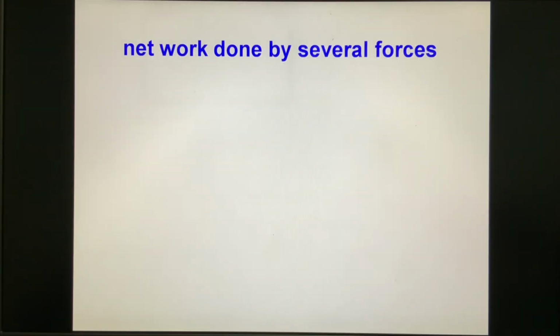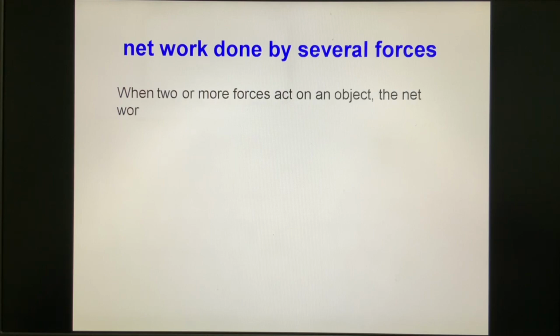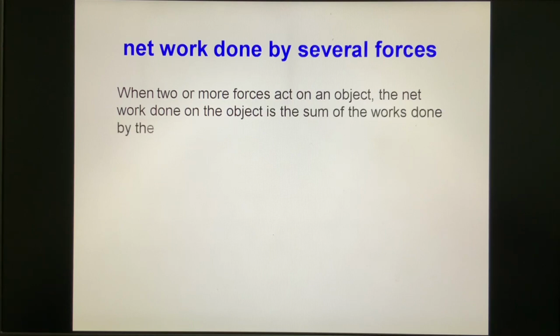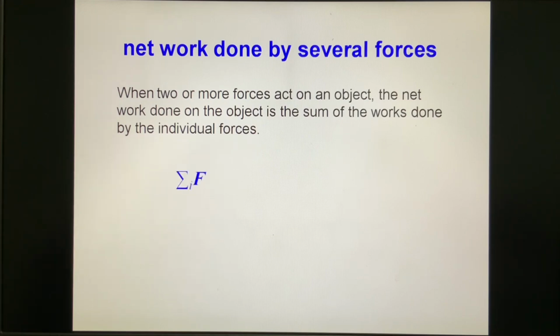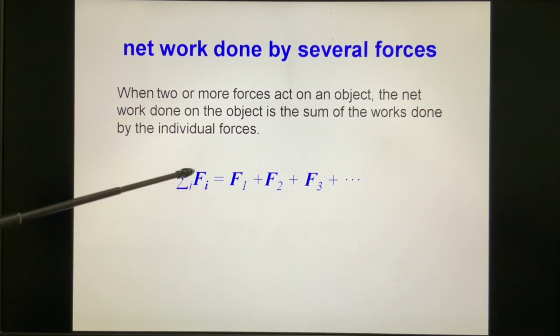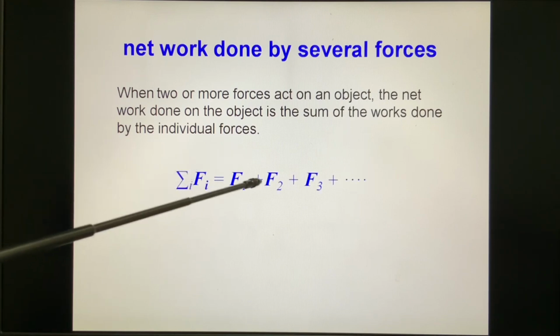Net work done by several forces. When two or more forces act on an object, the net work done on the object is the sum of the works done by the individual forces. For example, we have many forces. The net force, sigma Fi, is equal to F1 plus F2 plus F3 and so on.